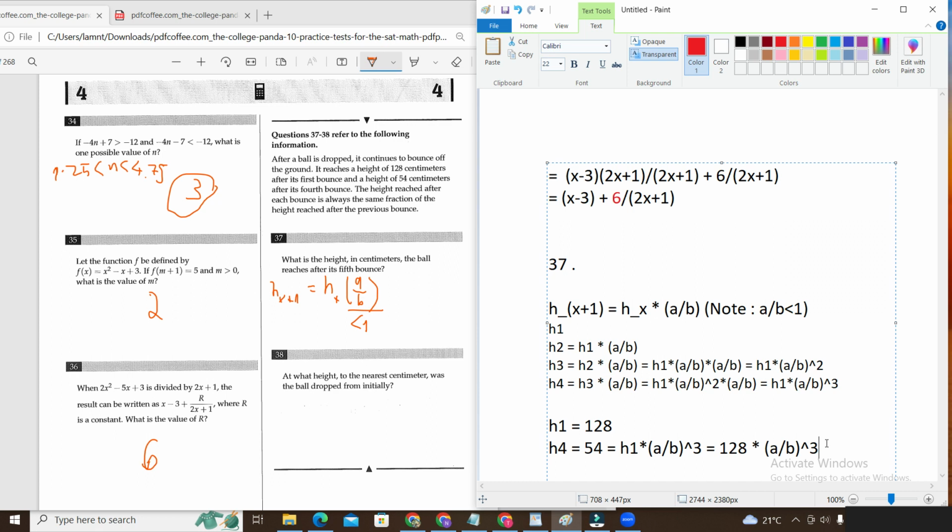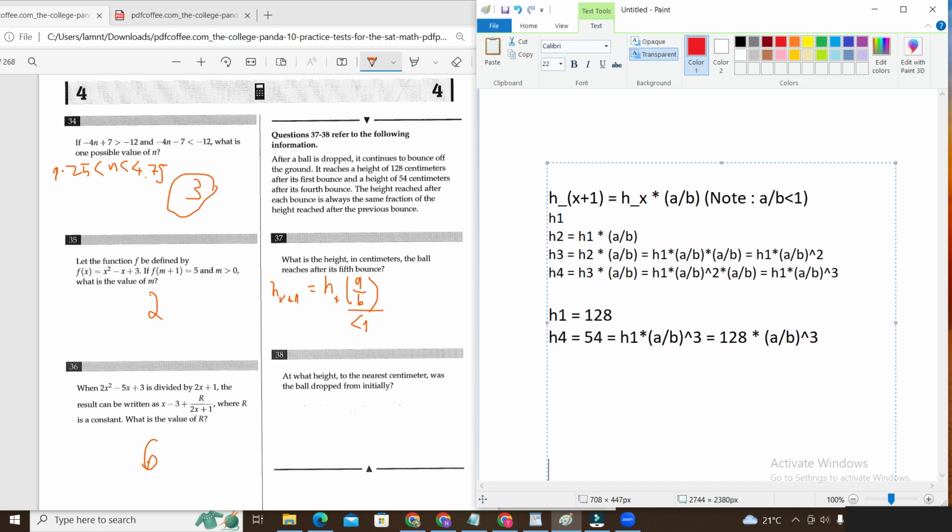First of all, to find the fifth bounce, we have to solve for a over b. So a over b to the power of 3 is just equal to 54 over 128, and that's a half.